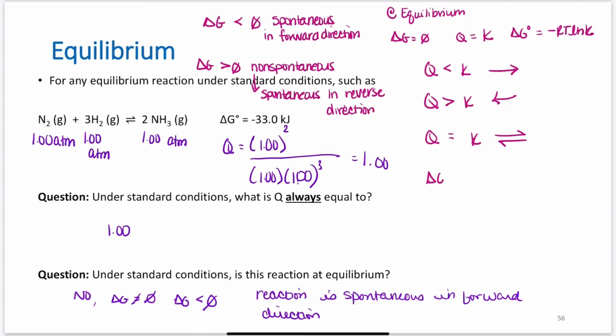And if delta G is equal to 0, we are at equilibrium. Under standard conditions, Q is always going to be equal to 1, but that does not mean we are at equilibrium. It just means we're under standard conditions.